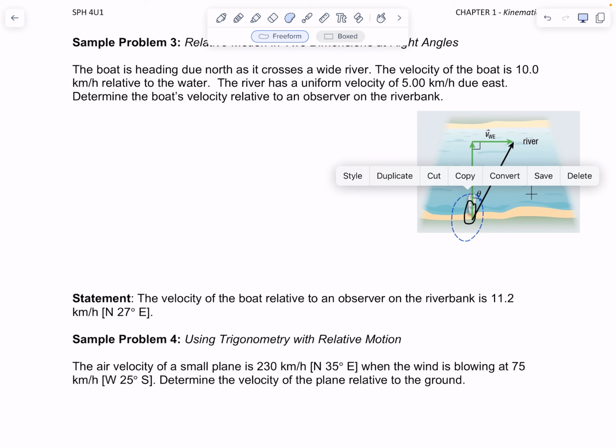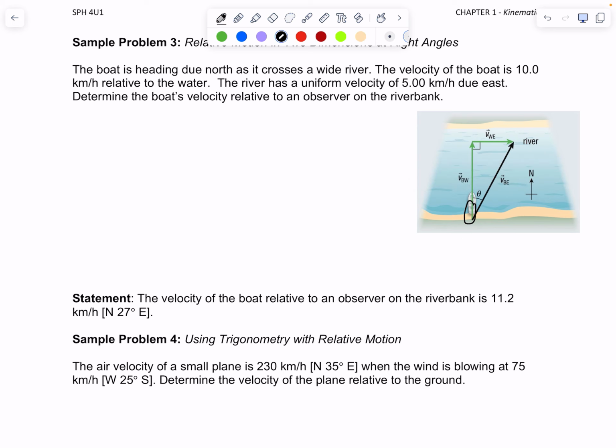When you add those together, when you add the velocity of the boat relative to the water, 10 kilometers per hour north, plus the velocity of the water relative to the earth is 5 kilometers per hour east.